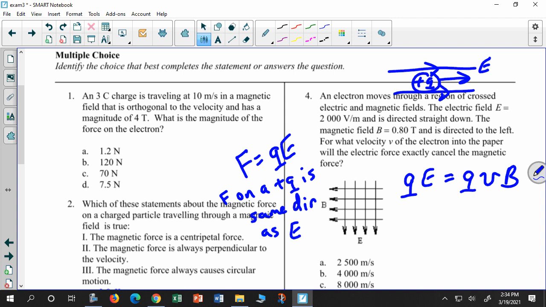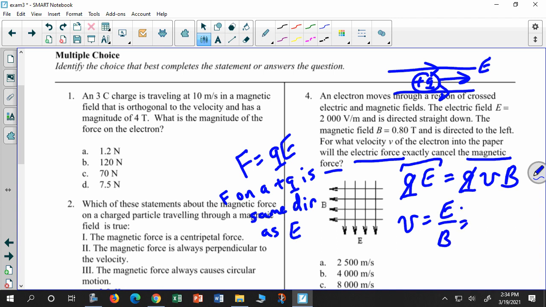It's saying I want the electric force, which is this thing right here, to exactly cancel the magnetic force. That way, when a charge moves through this crossed magnetic and electric field, it'll just not feel any force at all. It'll just move straight through. And so I'm looking for V. I just solved this for V. My Q cancels. V then is equal to E divided by B.